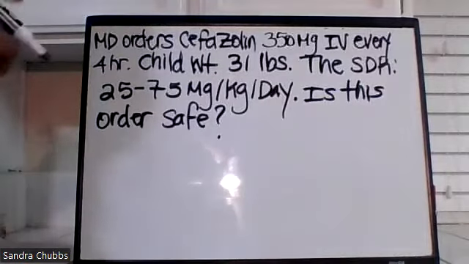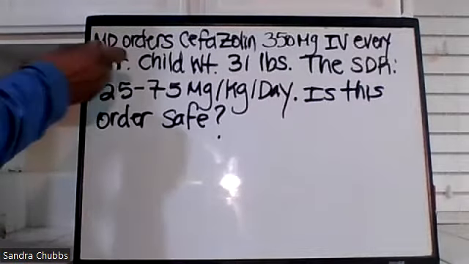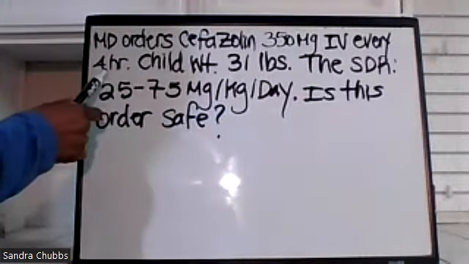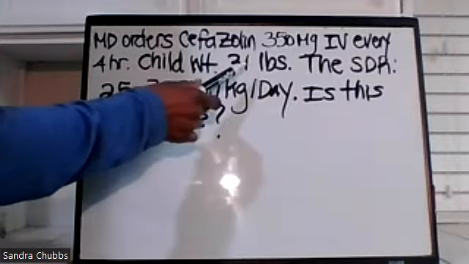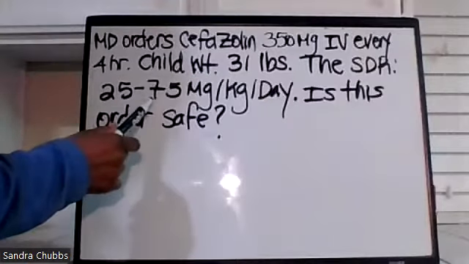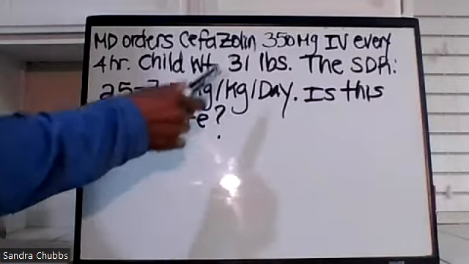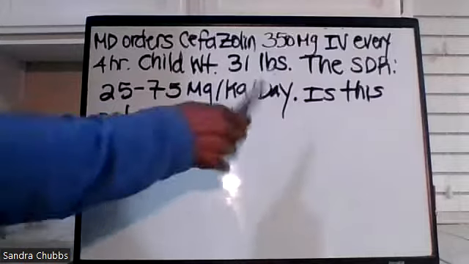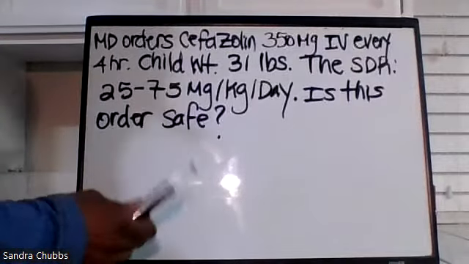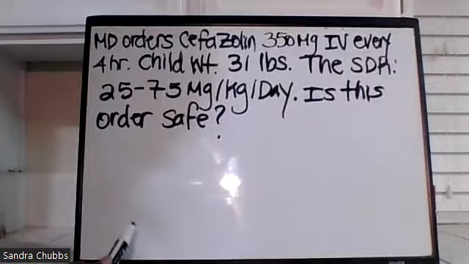All right, folks, here's our next pediatric problem. The doctor orders cefazolin 350 milligrams IV every 4 hours. The child's weight is 31 pounds. The safe dosage range is 25 to 75 milligrams per kilogram per day. And we're asking, is this dosage safe? The way to determine that is to work through all of the steps.